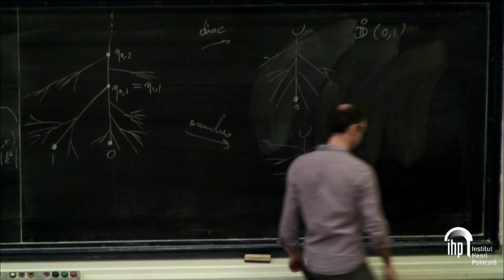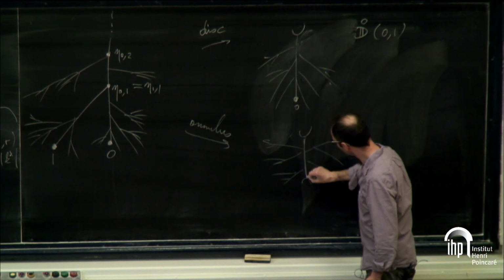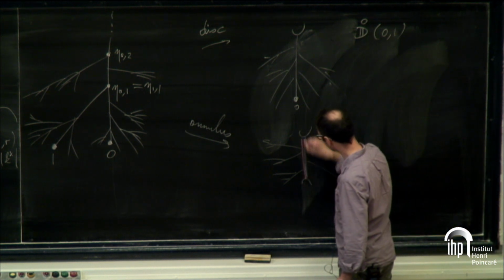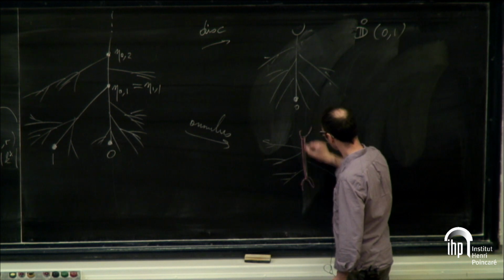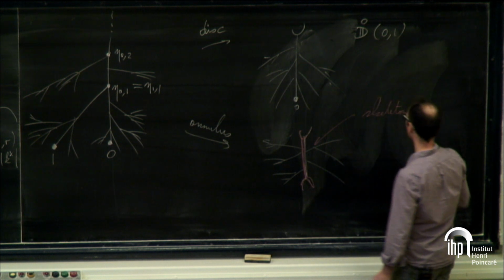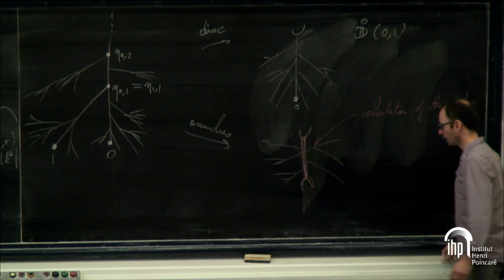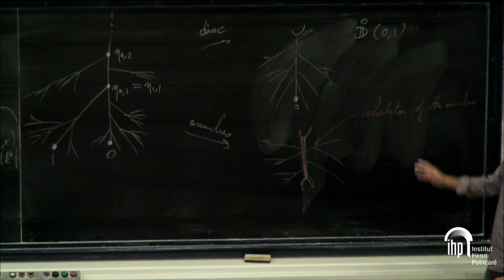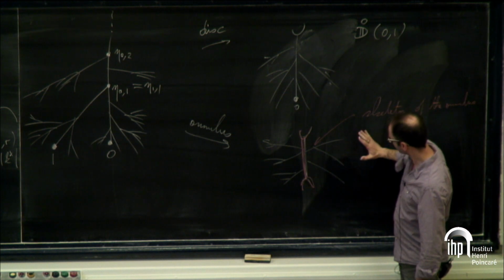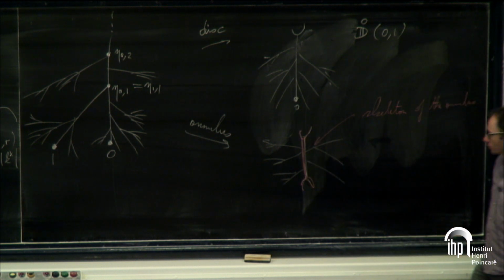There is something specific in this picture: this interval here, maybe I should choose another color, okay, this red, is something well defined, and it is called the skeleton of the annulus. And if you understood what I drew on the left, you understand that the annulus retracts onto this skeleton in quite a natural way.